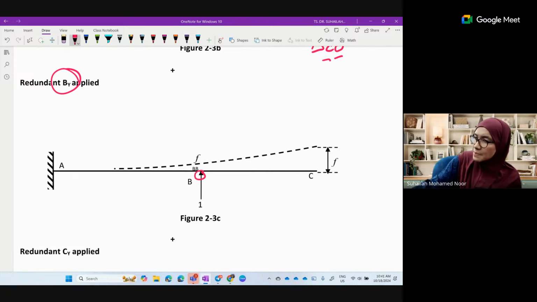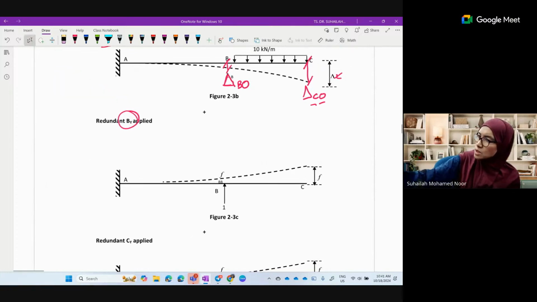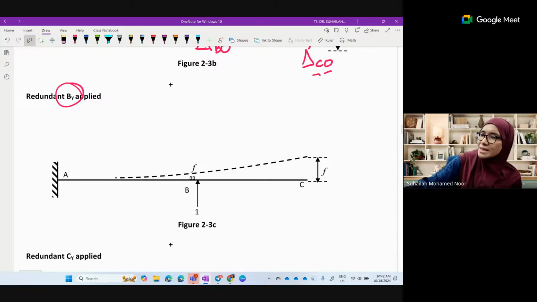Kita tak letak roller tapi kita assume BY tu as an applied load that is subjected into the system. Okay, structure ni structure yang sama semua. Cantilever semua cantilever. Okay, so now it is redundant BY applied. This is redundant number 1. Okay, cantilever beam subjected to a unit value of BY.